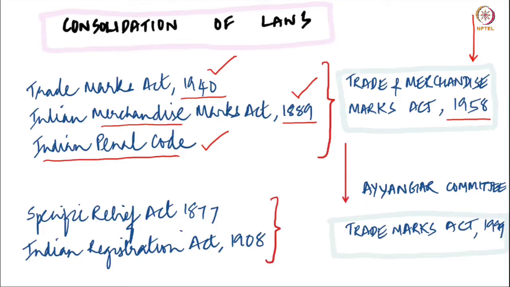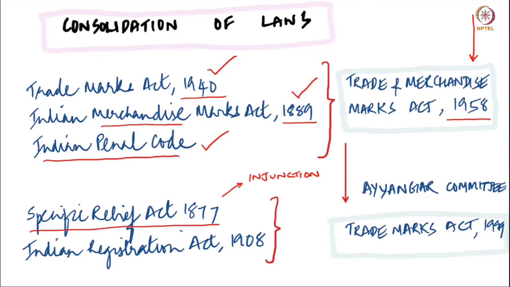Now, before the 1958 Act, if there was a need to stop a person who was using a mark, you would use the Specific Relief Act 1877 and get a permanent injunction. So, injunction was the relief a trademark holder could get against a person who was unauthorizedly using the mark.